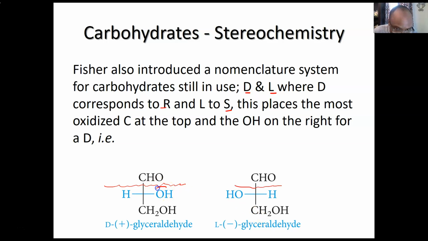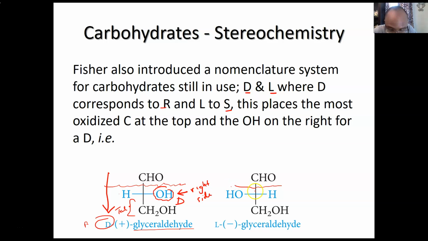So focus on the OH. When the OH next to the tail is on the right side, because we read or number this Fischer going downwards, this is the tail part, that's considered a D. So this is D-glyceraldehyde, what would have been an R.